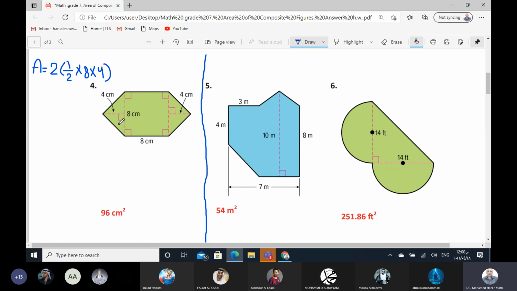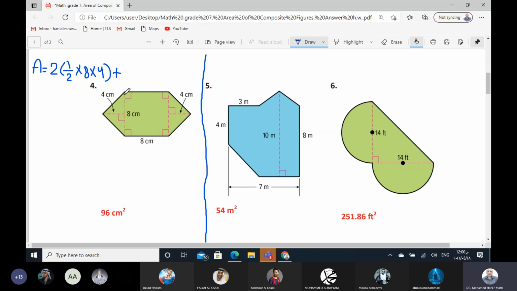Then we can find the area of one triangle, then multiply by the number of triangles. Mister, the pentagon has 5 sides. Okay, divide the pentagon into 5 triangles. Then find the area of one triangle, then multiply the area by 5, the number of triangles. Okay.